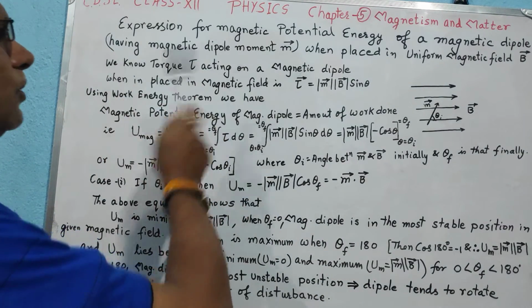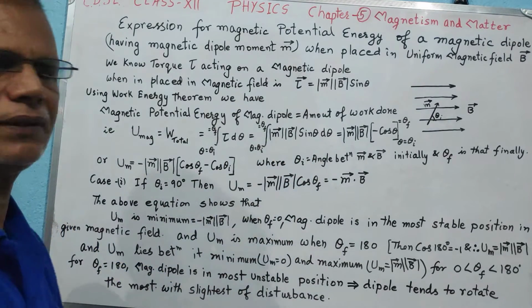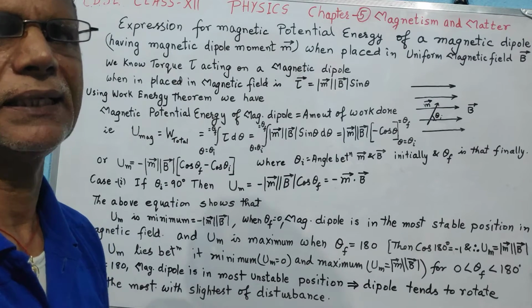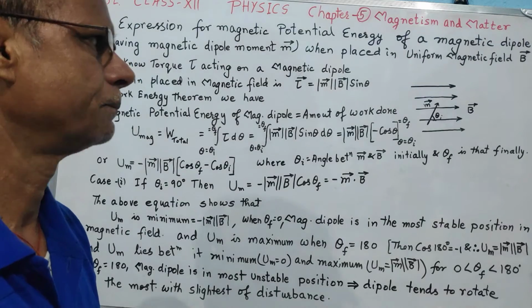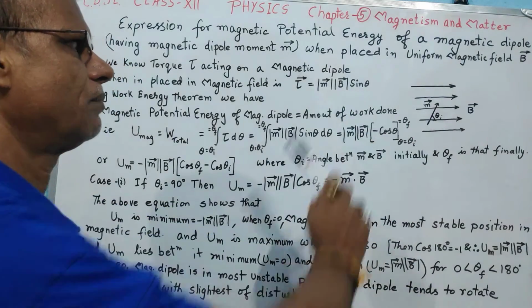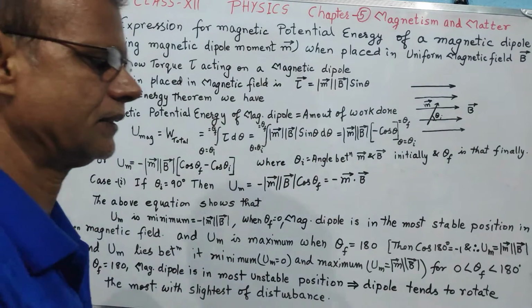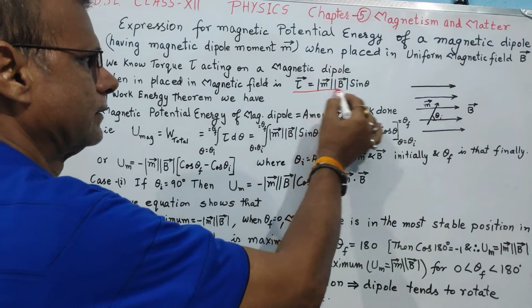Here we must also recall that in this chapter we have found that the torque acting on a magnetic dipole having magnetic dipole moment m, placed in a uniform magnetic field, is given by the relation tau is equal to mB sin theta.